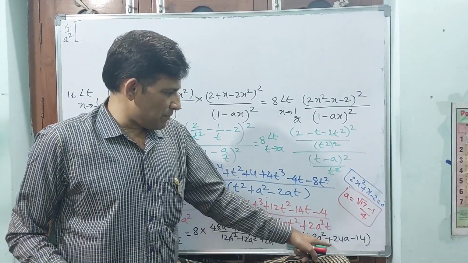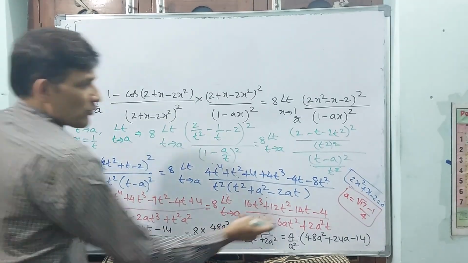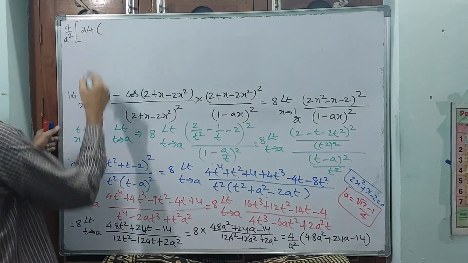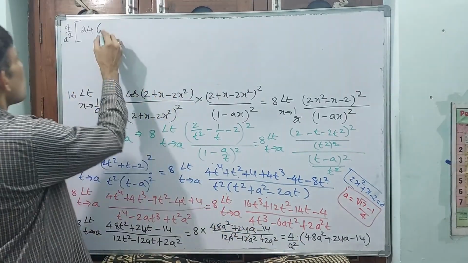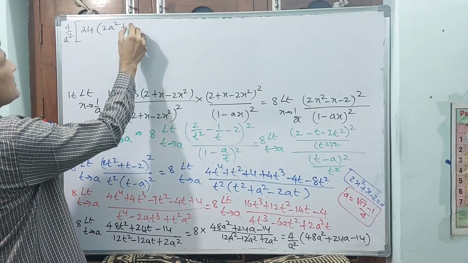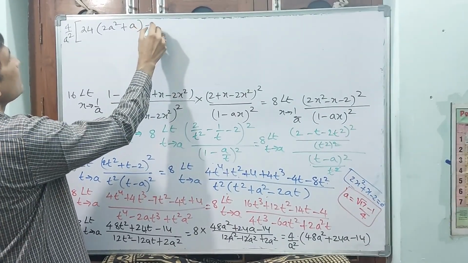If I take 24 common, see what will happen. 2a square plus a minus 14.